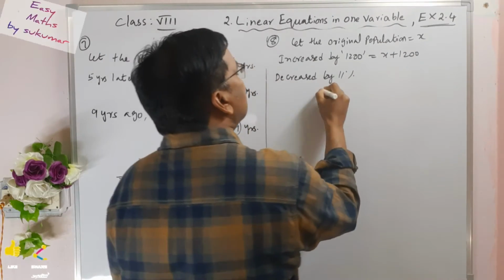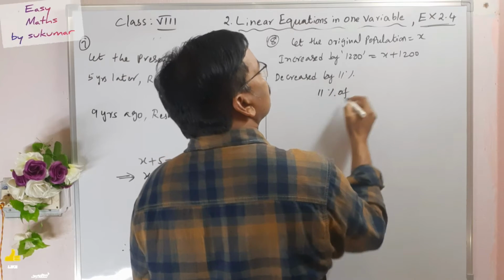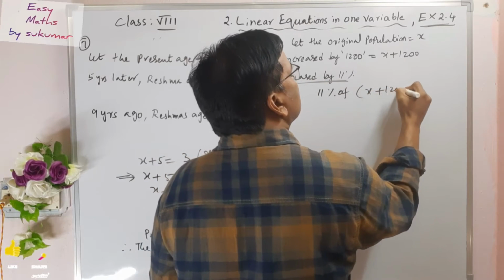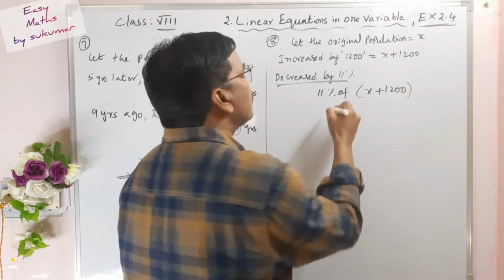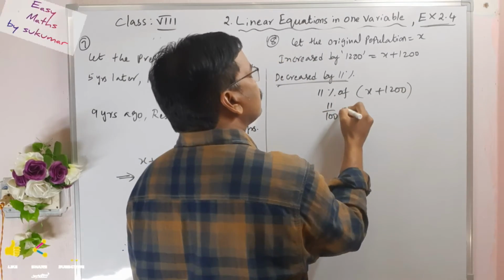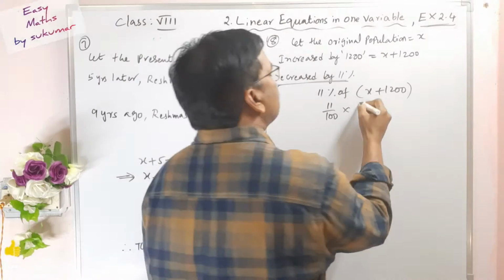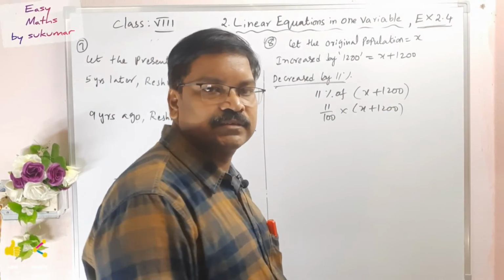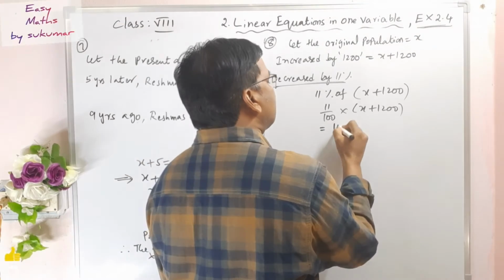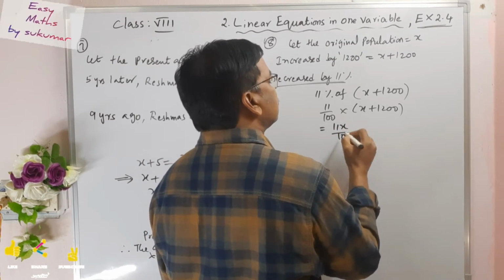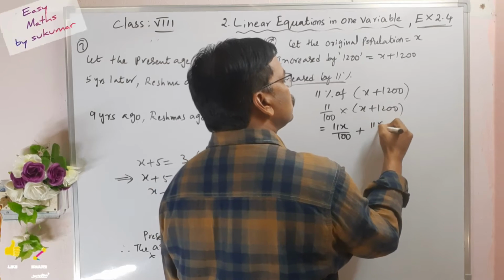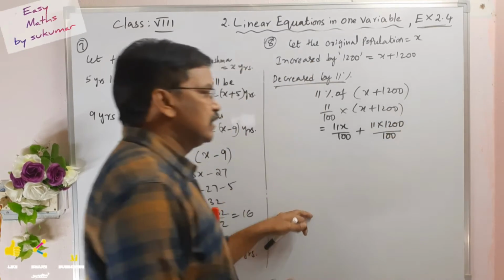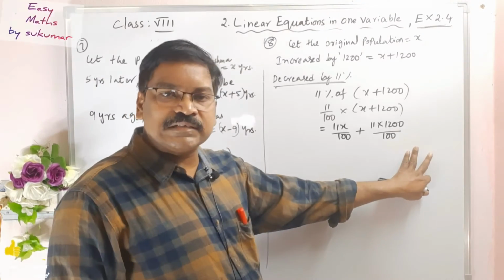That means 11% of x plus 1200, that is 11 by 100 times x plus 1200. So this is 11x by 100 plus 11 into 1200 by 100. Okay, so this is the value decreased here.